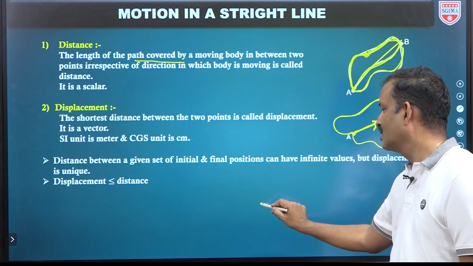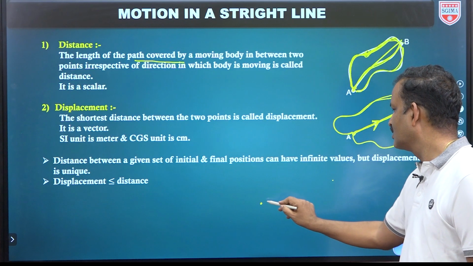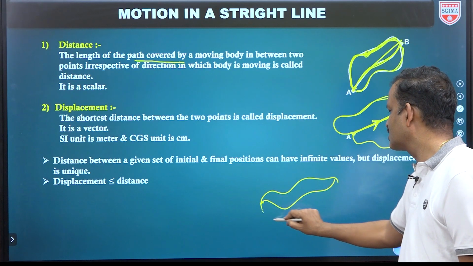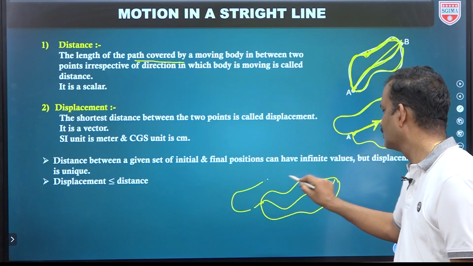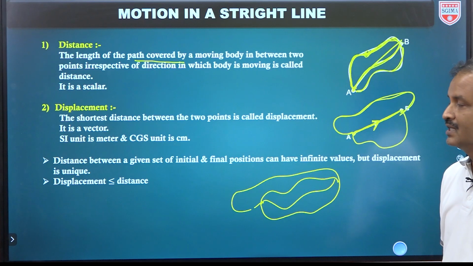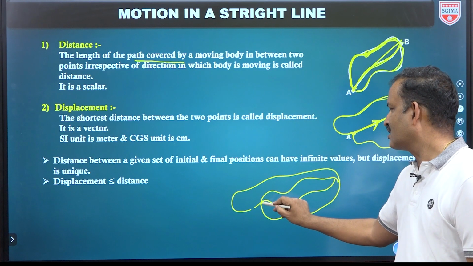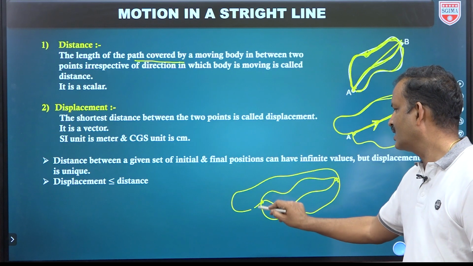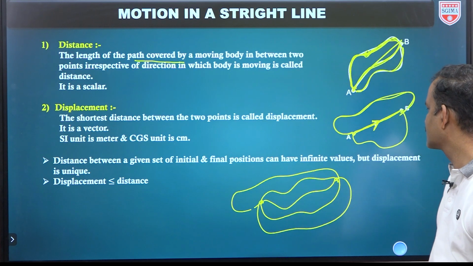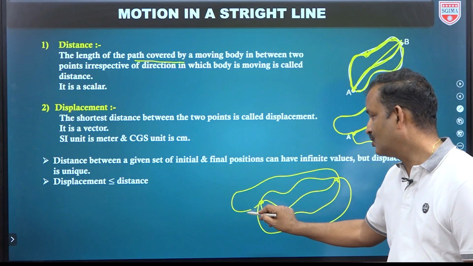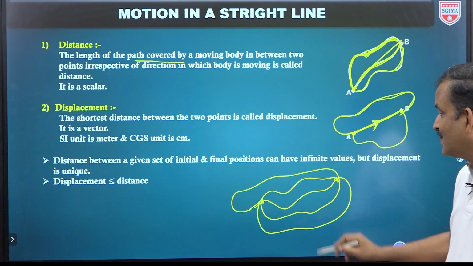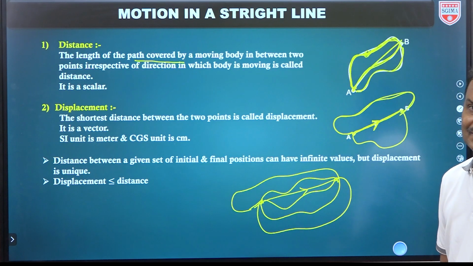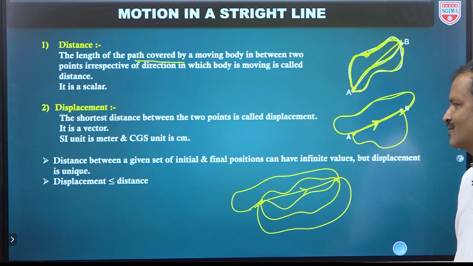Suppose you take this point and this point, you have infinite ways you can go. Between a given initial position and final position, we can follow infinite ways, so we have infinite values. But displacement is always unique. It has only one value.